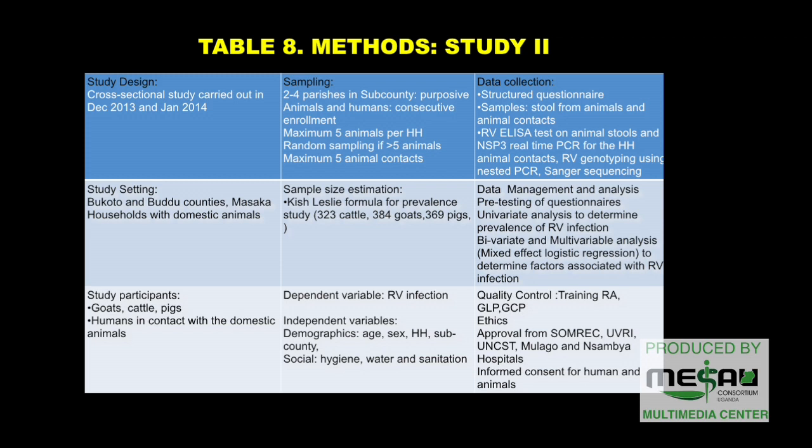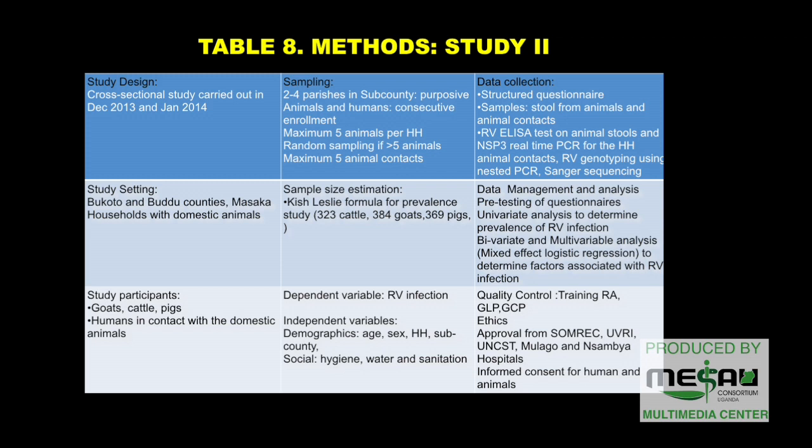We tested for rotavirus in the animals using rotavirus ELISA test and NSP3 real-time PCR to test for rotavirus in the household contacts. We did RV genotyping using nested PCR, and then we did Sanger sequencing on one of the human samples because we had failed to get the genotype using the nested PCR, so we did Sanger sequencing to find out the genotype. Likewise, we did univariate and bivariate analysis on the population we studied.